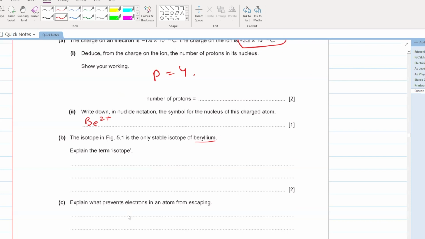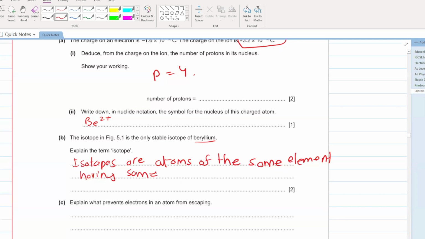You can say isotopes are molecules or atoms of the same element having same proton number but different nucleon number.